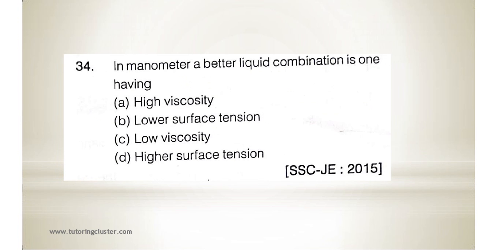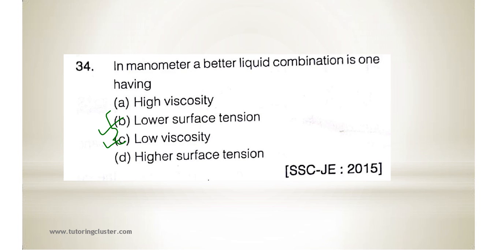So these are the different properties mercury has. Let us check the options: high viscosity, low surface tension; low viscosity, high surface tension; low viscosity and low surface tension. Both are correct. It should have low surface tension as well as low viscosity. Sorry, the correct answer will be 34. It is still confusing because both the options are correct: lower surface tension and low viscosity.